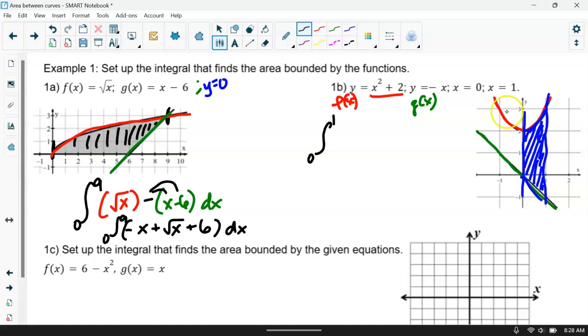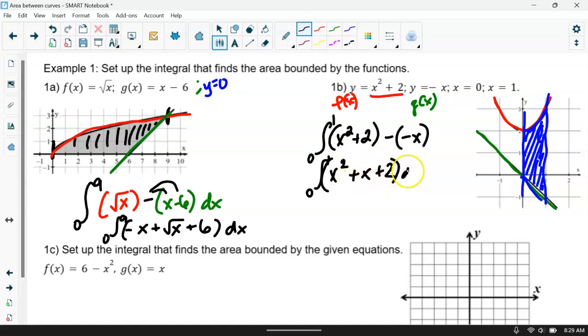And again, f of x is the top, so x squared plus 2 minus our g of x, which is negative x. To combine, that means we're going to find the integral from 0 to 1 of x squared plus x plus 2 with respect to x. So again, that is our integral.